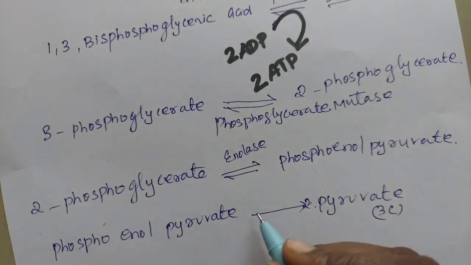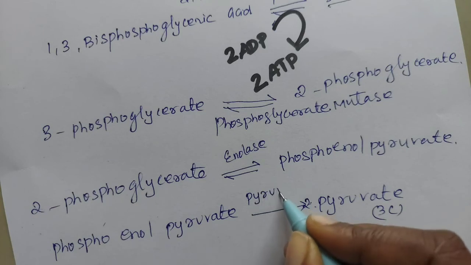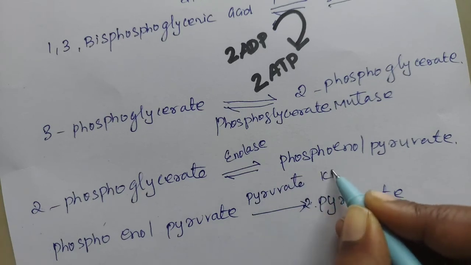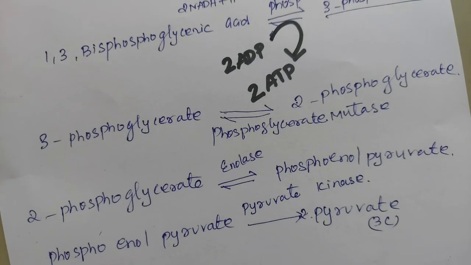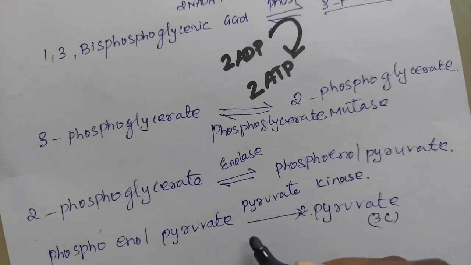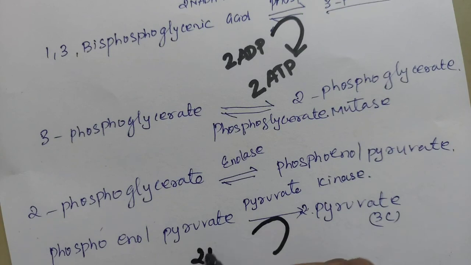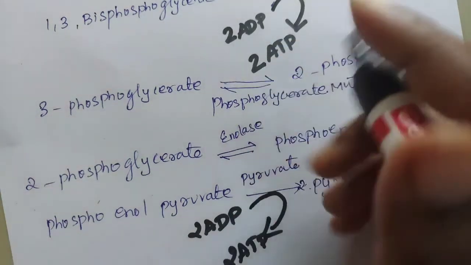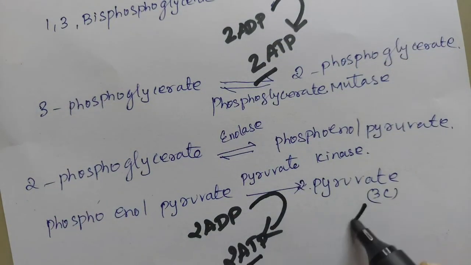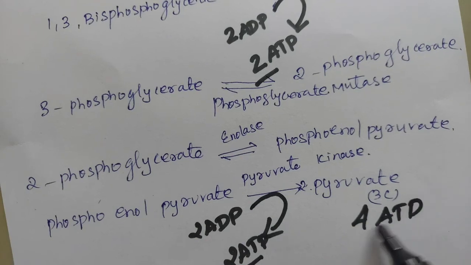This reaction is catalyzed by an enzyme known as pyruvate kinase. And again, during this conversion, 2 molecules of ADP are converted into 2 molecules of ATP. So you can find 2 plus 2, 4 ATP molecules produced as a result of glycolysis.